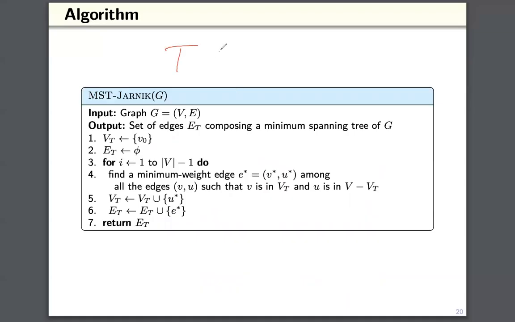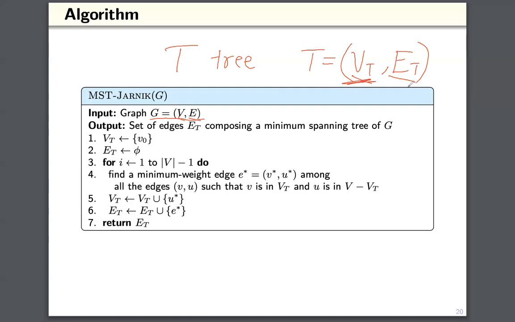T means the tree. So T is equal to (VT, ET): the vertex set of the tree, the edge set of the tree. G is equal to (V, E) is the vertex set of the graph, edge set of the graph. And output will be this tree, right?